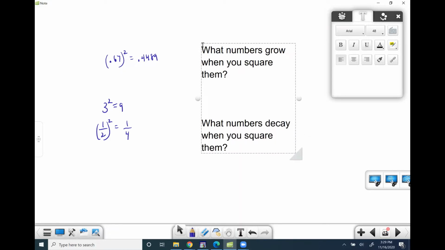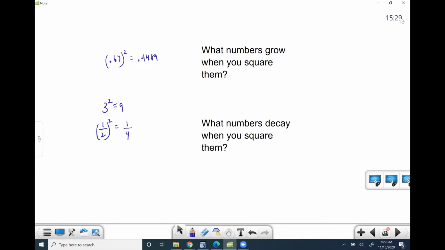You guys have any guesses? If the numbers are bigger than 1. Yeah. So bigger than 1, I love how you said that too. You didn't say greater than or equal to 1. You said bigger than 1. Because 1, when you square it, it doesn't grow. So we can't put that on the list. That's why we don't have the or equal to on it.